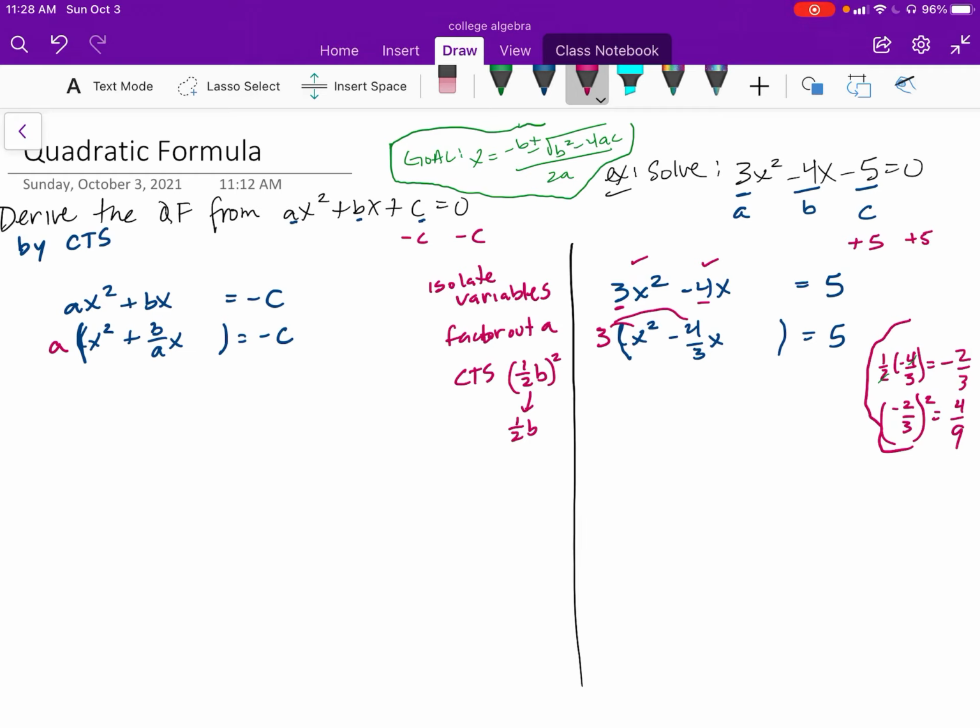So the squared term, actually the end of our scratch work over here, is what we need to add and subtract. So in here, let's go and use green. I need to add 4/9 and I need to subtract 4/9. We're allowed to do that because that's 0, right? Really, I added 0. You could add 0 to any problem and you still get 0.